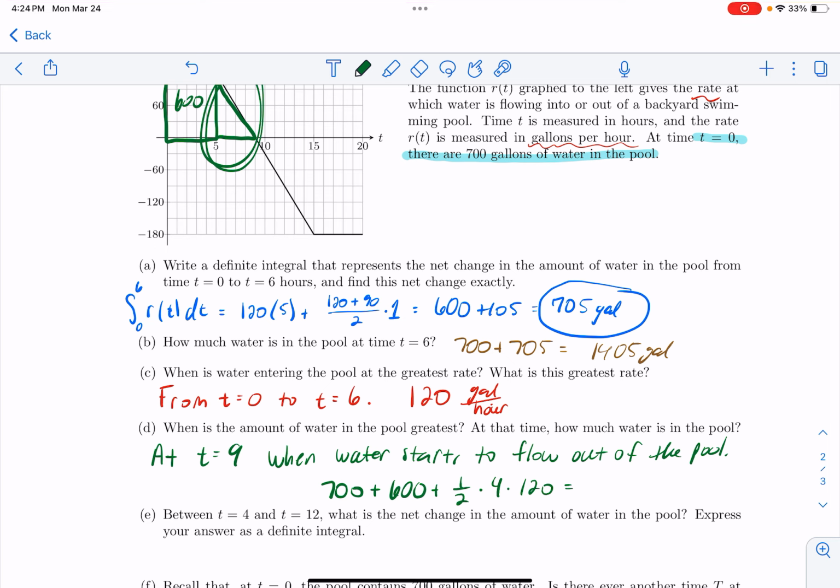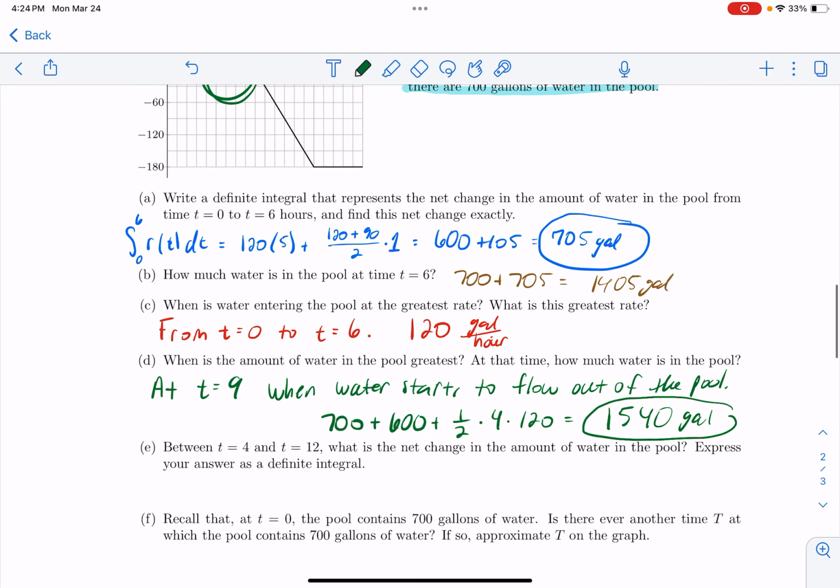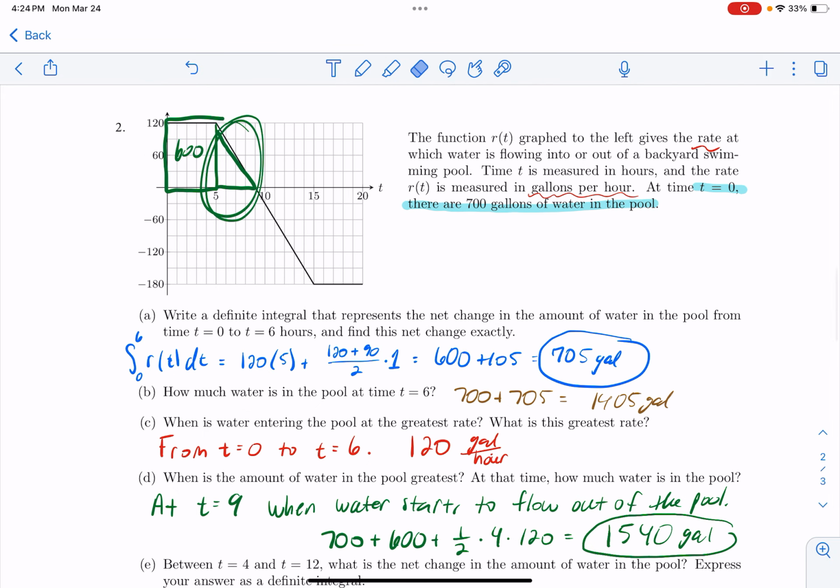Apologize, I am unprepared for this. I need to bust out my calculator. This is 2 times 120 plus 600 plus 700. All right, I did this really quickly on my phone. I got 1,540 gallons. Double check that just to make sure, but I'm pretty sure that that's right. So that's how much water is in the pool at time t equals 9.